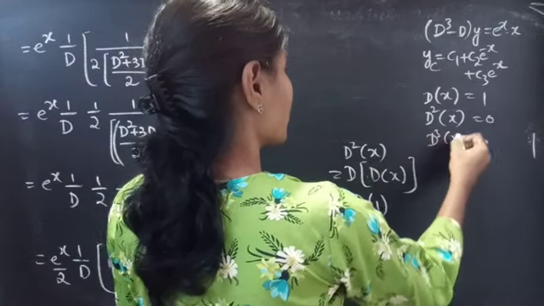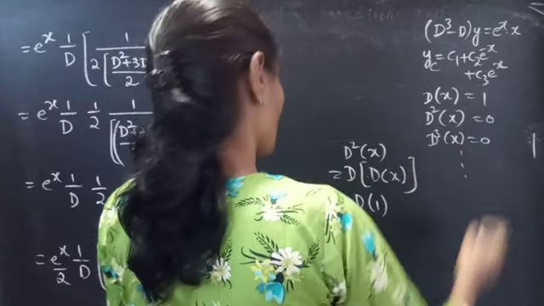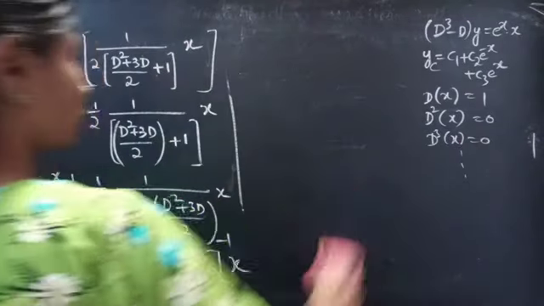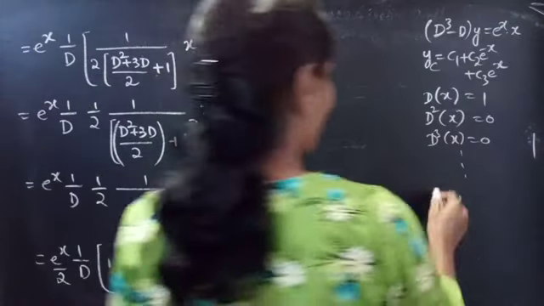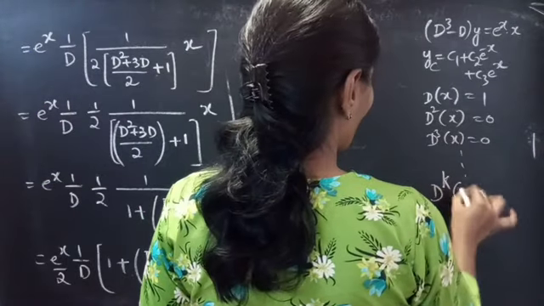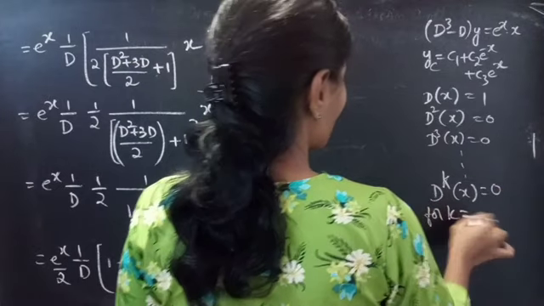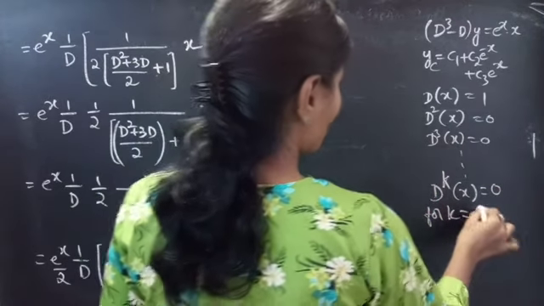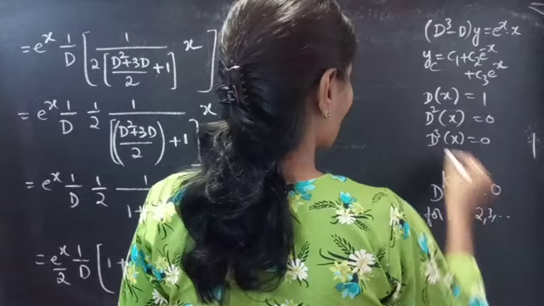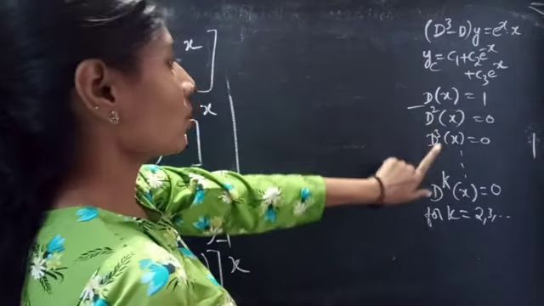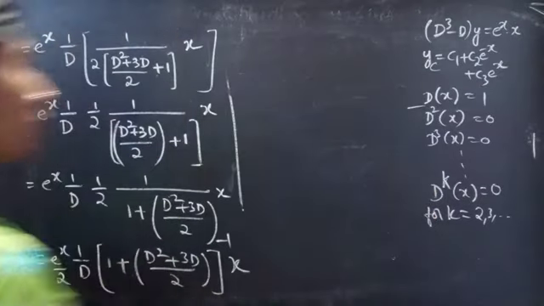Likewise, D cube of x will be 0 and so on. You'll get higher derivatives of x as 0. In general, we can write D power k of x equals 0 for k equals 2, 3 and so on. So we can neglect higher derivatives of x, from D square, D cube and so on, right?